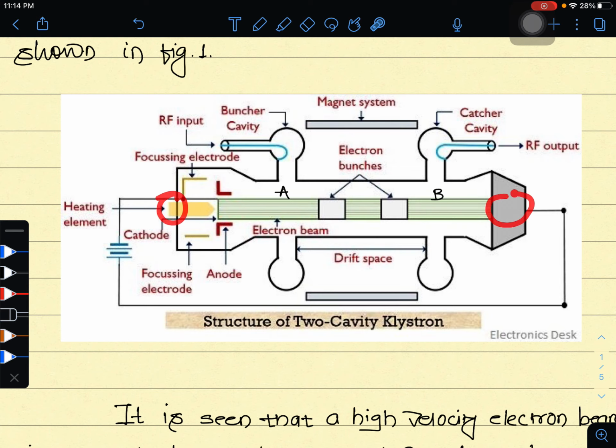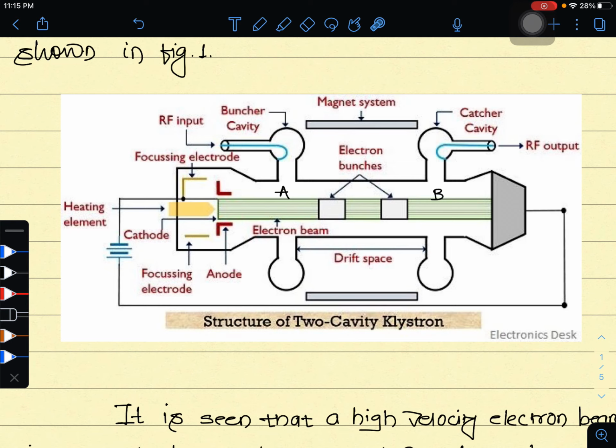We also see here the RF input and RF output. These are taken from the tube via resonant cavities.